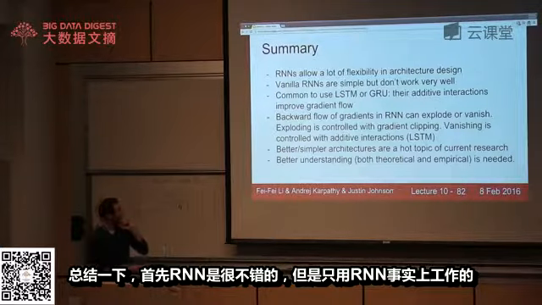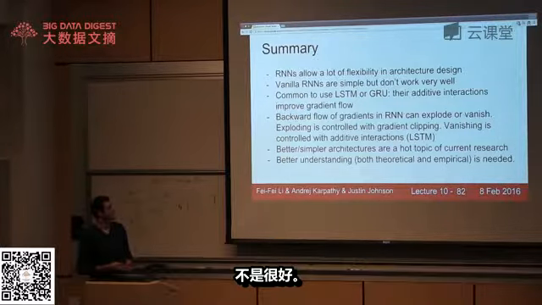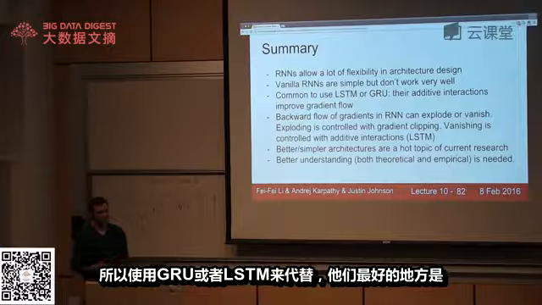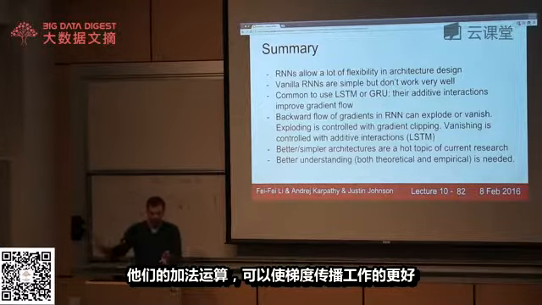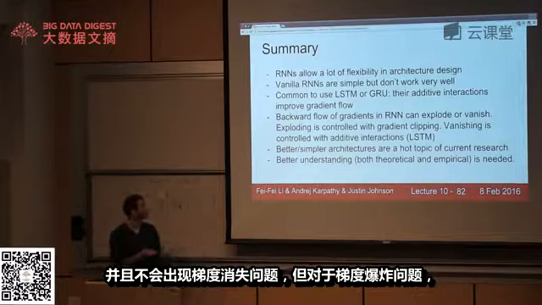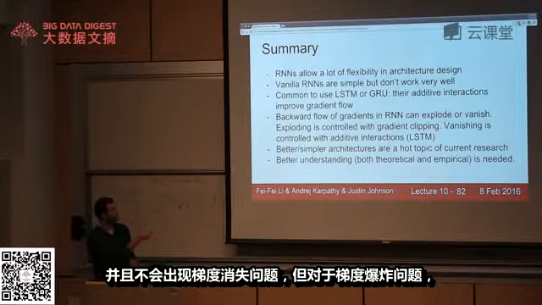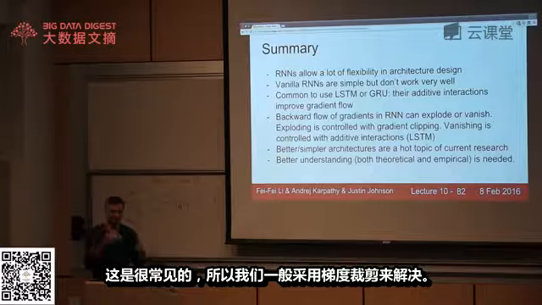And so the summary is that RNNs are very nice, but the raw RNN does not actually work very well. So use LSTMs or GRUs instead. What's nice about them is that we have these additive interactions that allow gradients to flow much better, and you don't get a vanishing gradient problem. We still have to worry a bit about the exploding gradient problem, so it's common to see people clip these gradients sometimes.